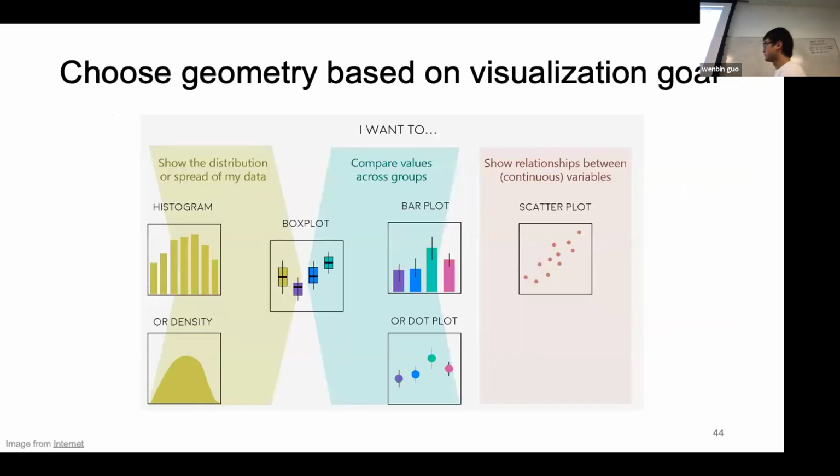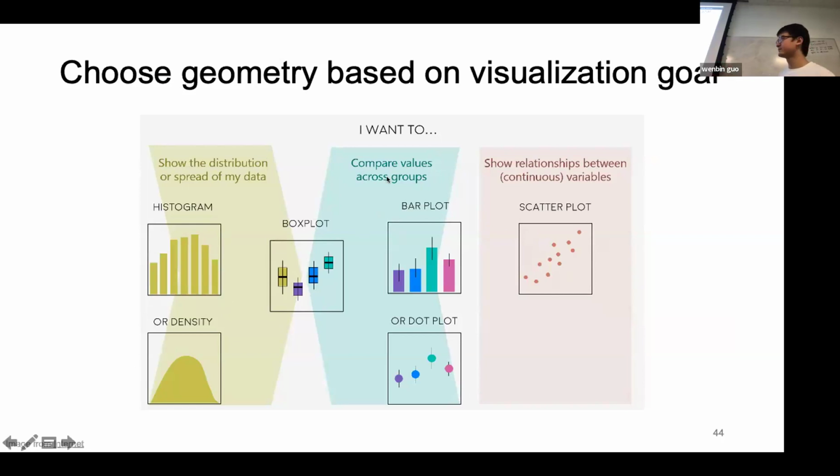So again, there are so many ways to present your data and so many ways to visualize the data. So I guess the most important thing you should consider is that you should choose an appropriate geometry based on what you want to say about the plot, what message you want to convey. So for example, if you want to show the distribution, go for the histogram, go for the density.